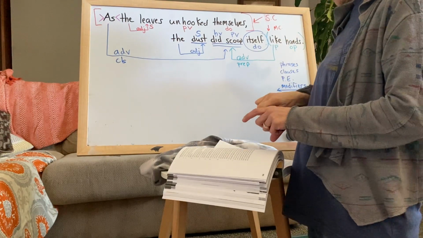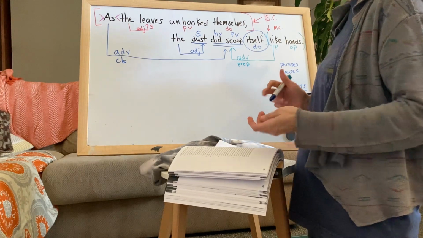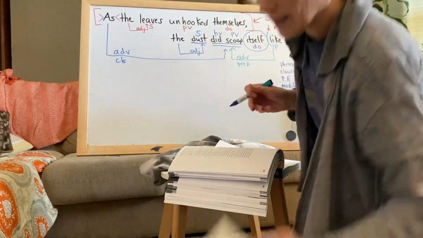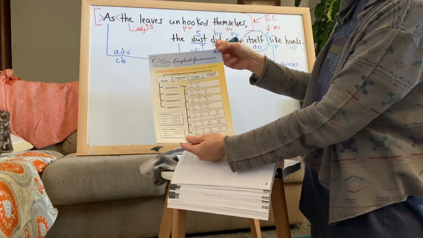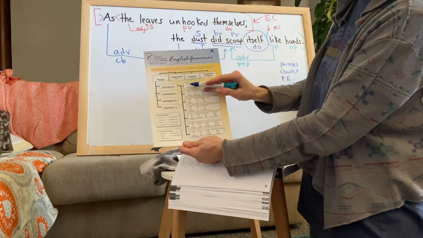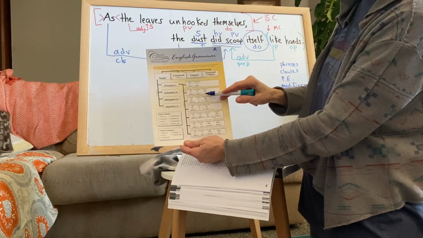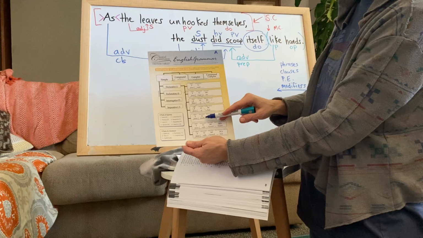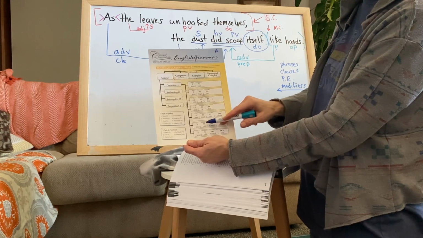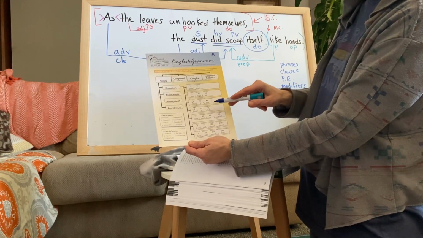So before I diagram, I like to find the structure, the pattern of our sentence. On chart A, here are our different patterns. We have SVI, SVTDO, SVLPN, SVLPA, SVTIODO, and we haven't gotten to these yet.